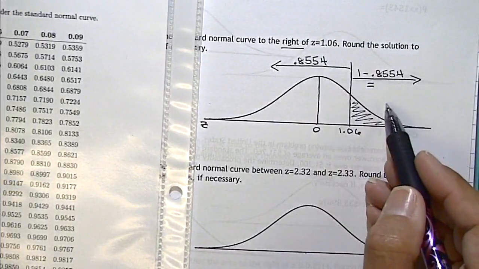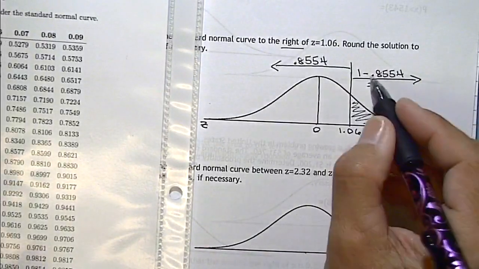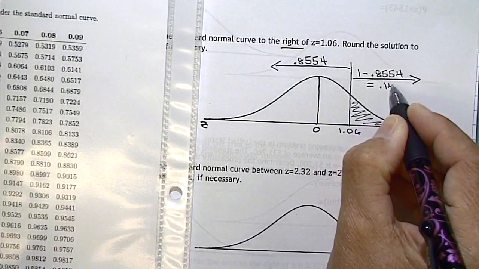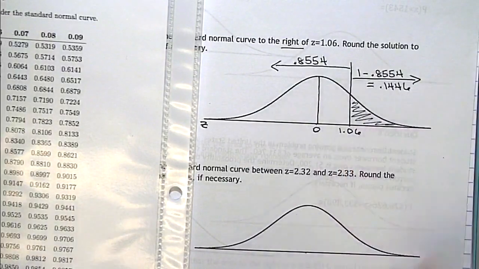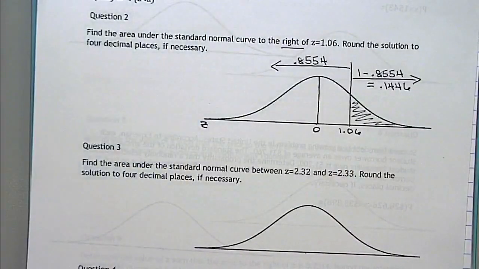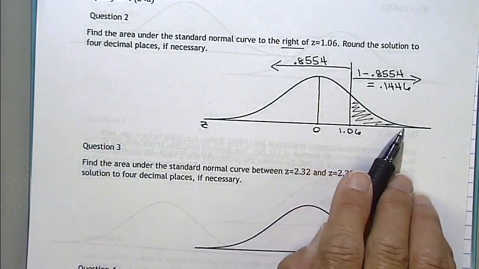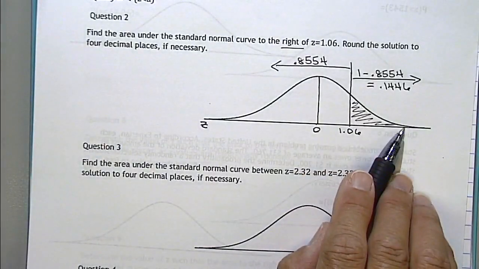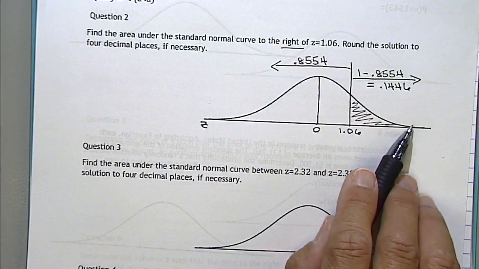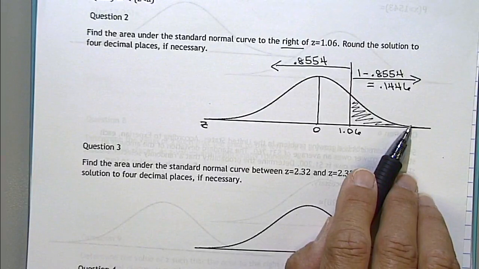So I go 1 minus 0.8554, and I get 0.1446. So that's the area to the right. How do you find area to the right? Well, you find area to the left and subtract it from 1. Always. There's a shortcut, but I'm not going to confuse you with it right now.